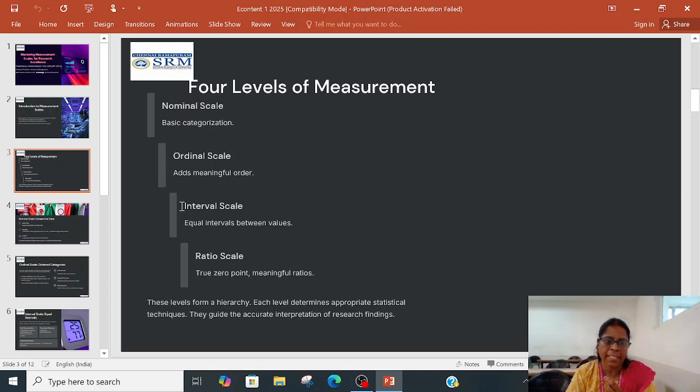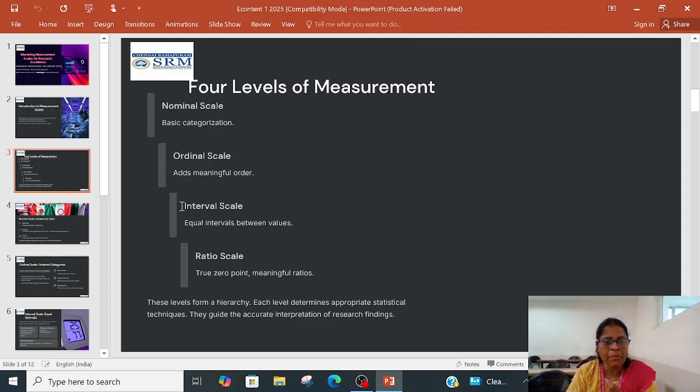First one, nominal scale. Basic categorization of data is nominal scale. That is, categorical variables are used as nominal scale. Second one, ordinal scale, which adds meaningful order. That is, ranking our data is ordinal scale. Third one, interval scale.